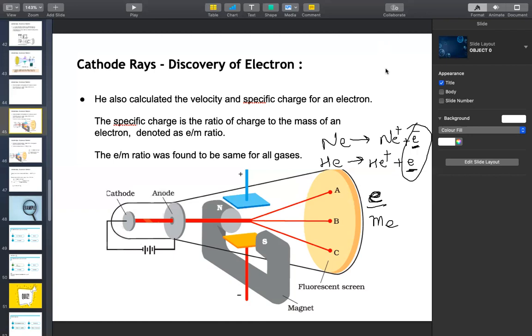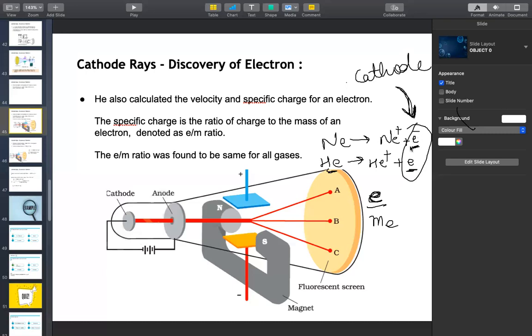Sir, could you explain how it is same again? Let's say neon gas is taken. Neon gas will generate electron like this when it loses the electron. Helium gas is taken, helium will generate electron like this. And since I told you, when gas is taken, the negative part of the gas will be part of the cathode ray. So the negative particle acts like a cathode ray, and the negative particle is the same in both the gases.